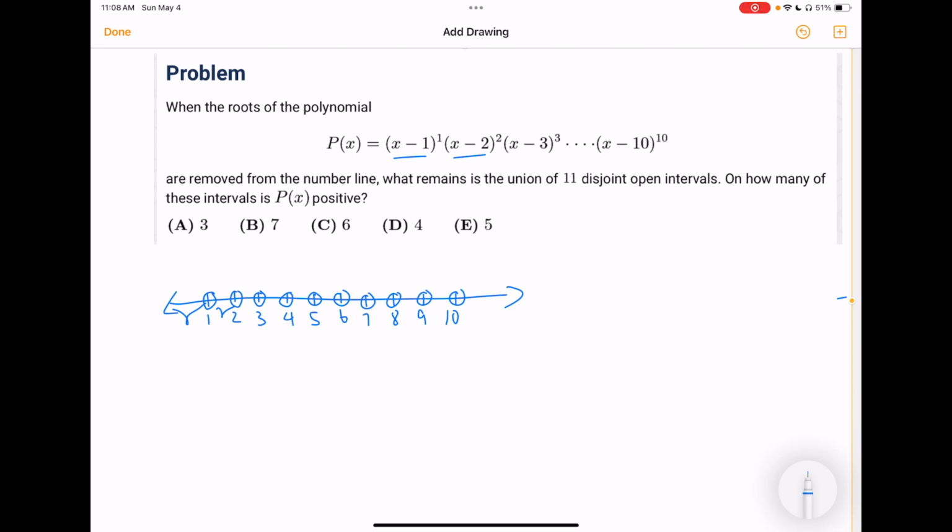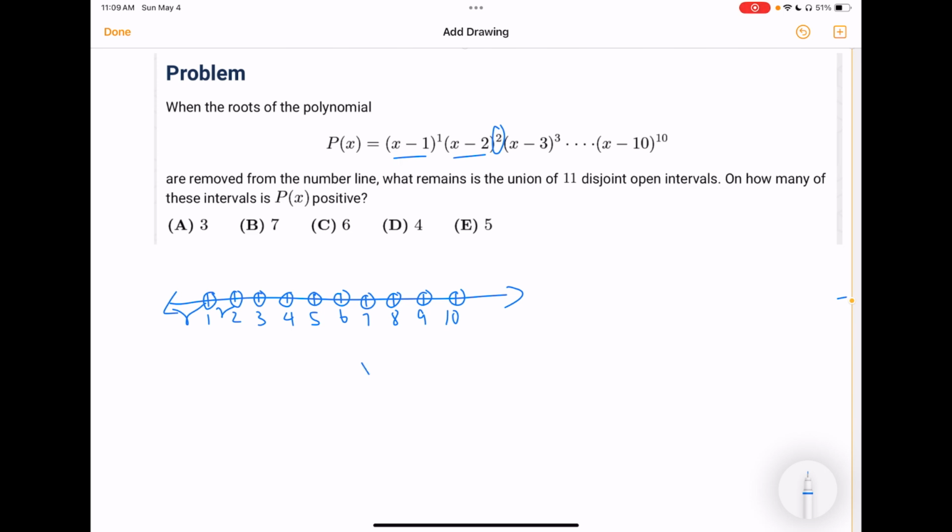Well, we want to know on how many of these intervals p of x is positive. We notice here that anything raised to an even power will always be positive, regardless of the number that it's raised to. If the number is negative, raised to the second power it's still going to be positive. So we're going to focus on the ones with an odd power.